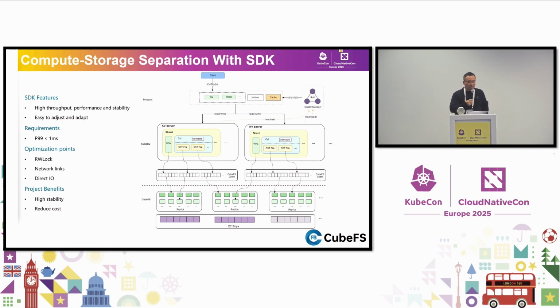The requirement for the stability of data storage is extremely high, especially the P99 requirement should be kept within 1 millisecond. Based on the requirements, we have also made a lot of optimization in the background. I won't introduce it in detail here.